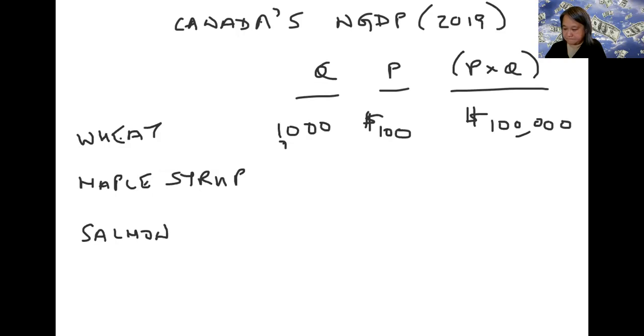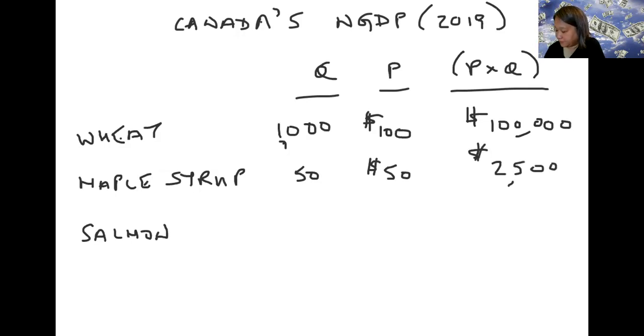Now let's say in 2019, Canada produced 50 gallons of maple syrup. And let's say a gallon of maple syrup is $50. So therefore, how much was the value of maple syrup in 2019? So in this case, it is $2,500.